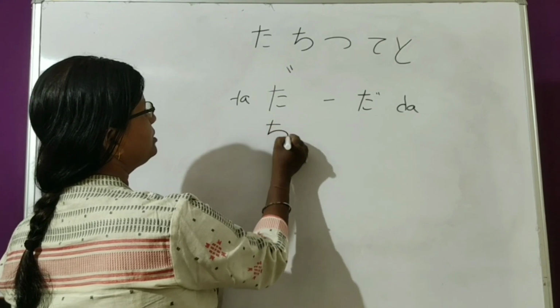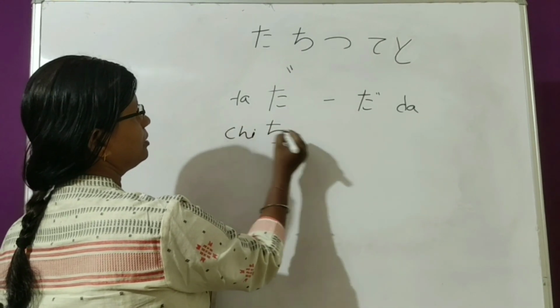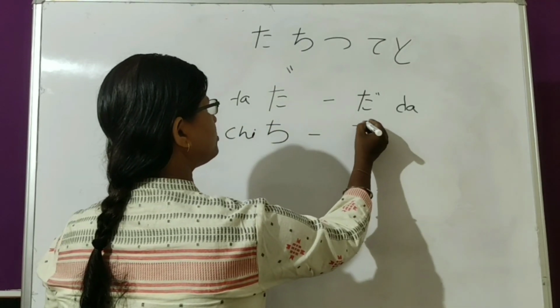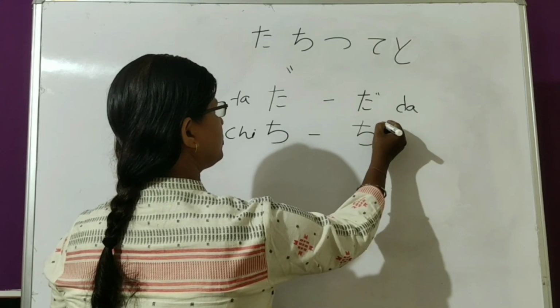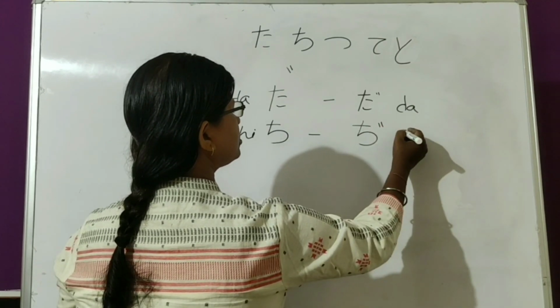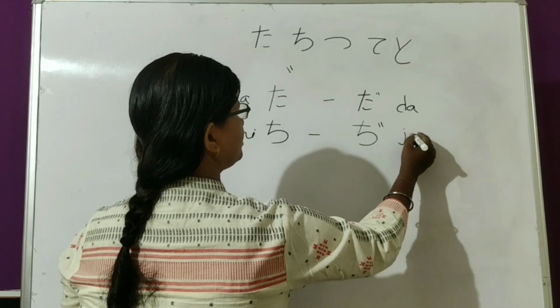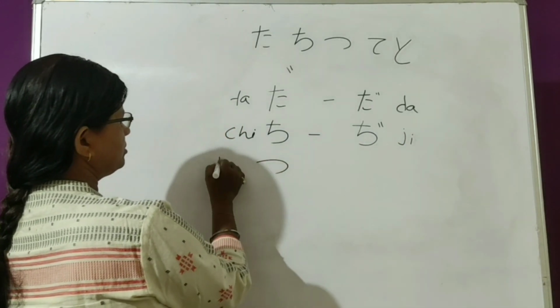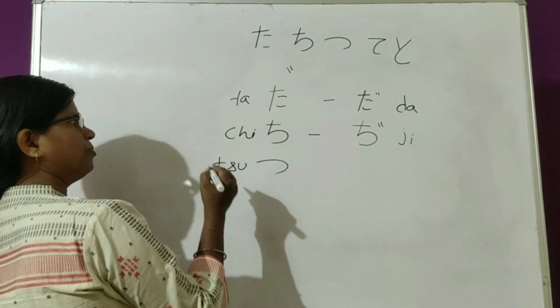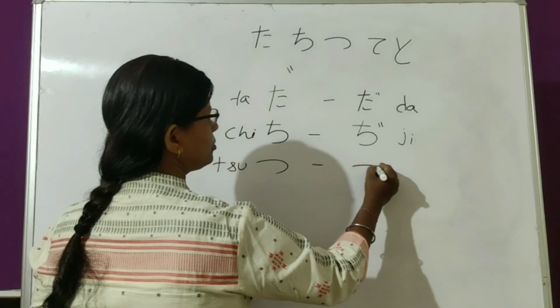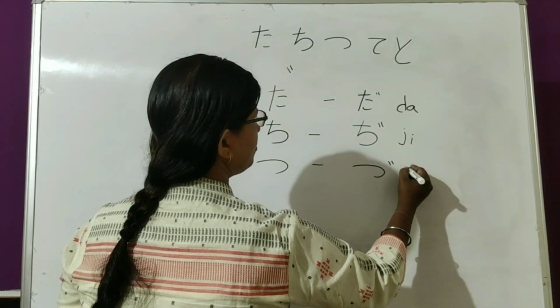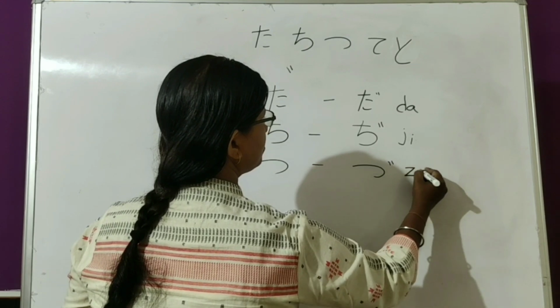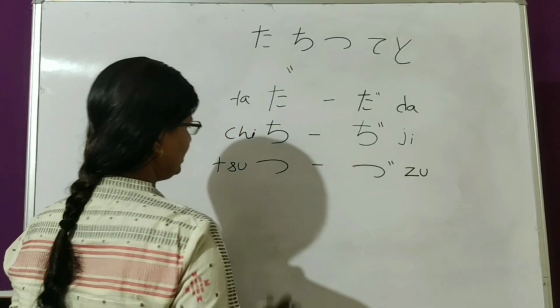This is chi. When we put the voice mark in the right upper corner, the sound changes to ji. Next is tsu. When we put the voice mark, the sound will be zu.